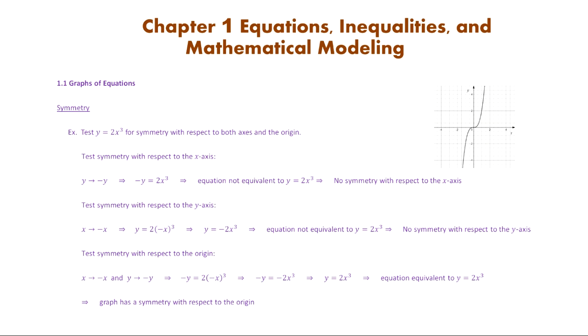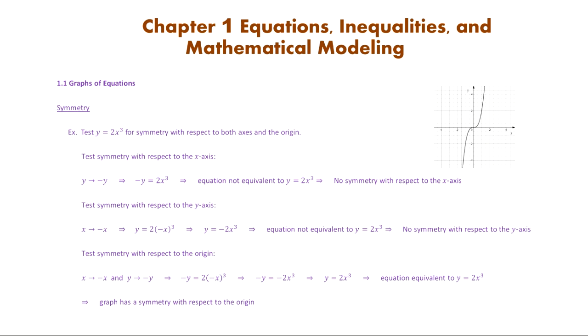Finally, let's test symmetry with respect to the origin. So now we plug in negative x for x and negative y for y at the same time into the equation. So on the left, we get negative y equals, on the right, 2 times negative x cubed. So again, negative x cubed is just negative. So we get negative y equals negative 2x cubed.